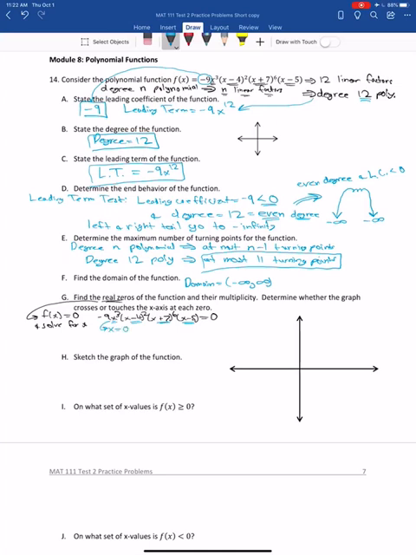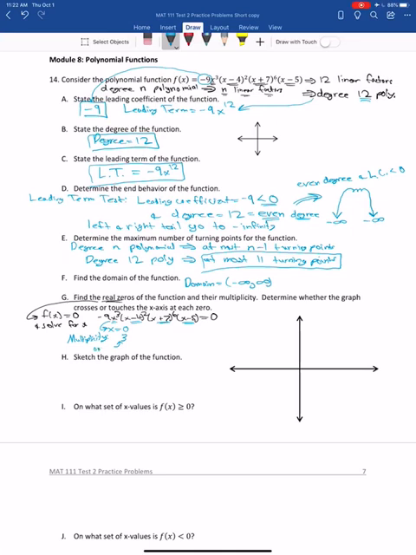Now let's write the multiplicity right here beneath it. So let's ask for multiplicity. Multiplicity is the number of times that factor is being used. So with x cubed, the multiplicity is 3. So we have an odd multiplicity.